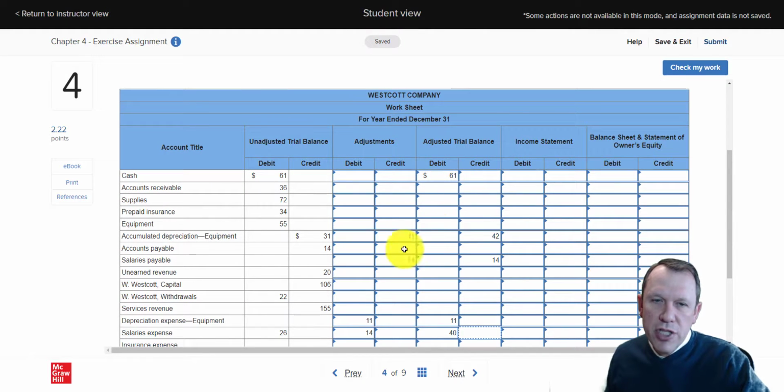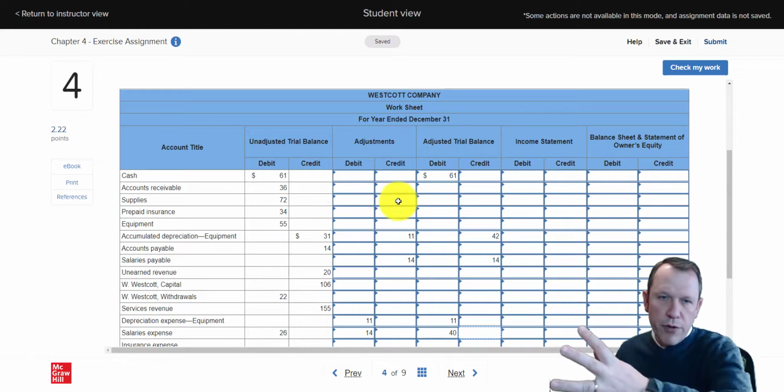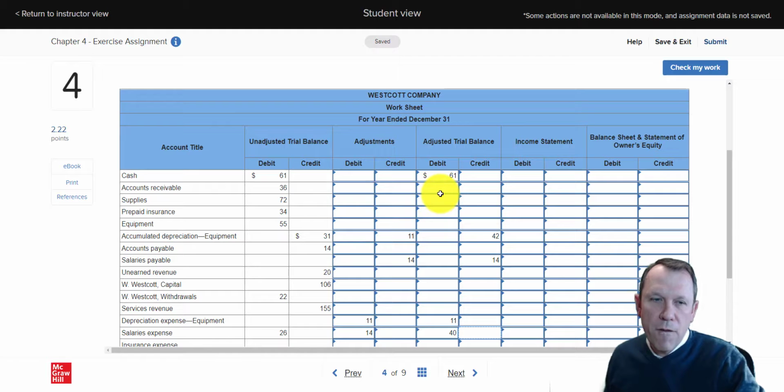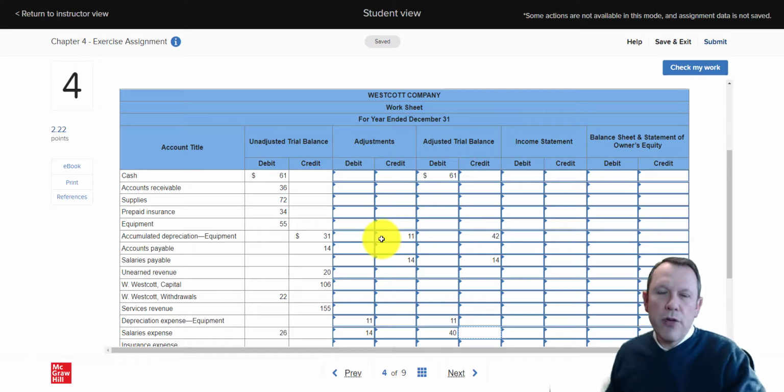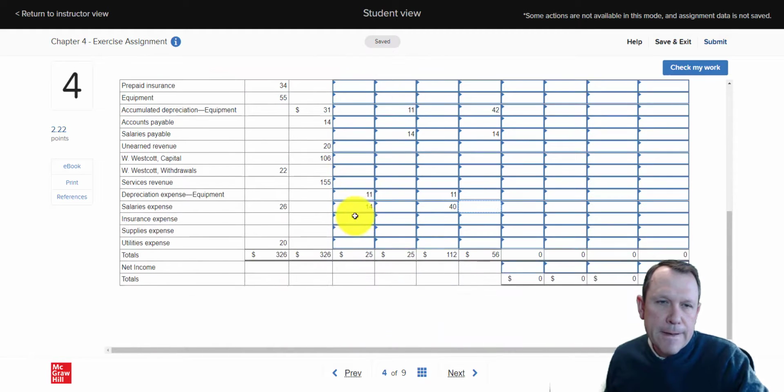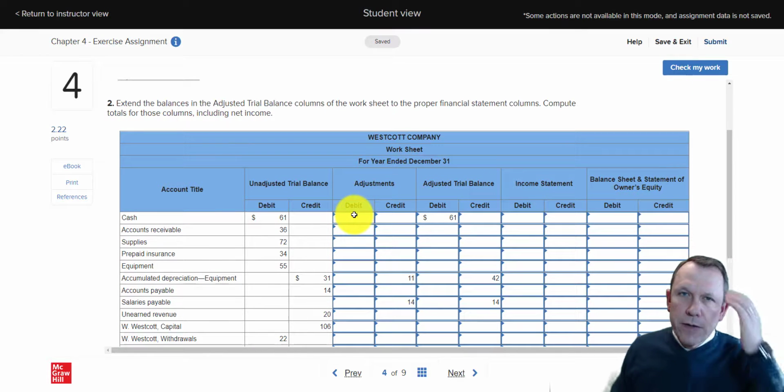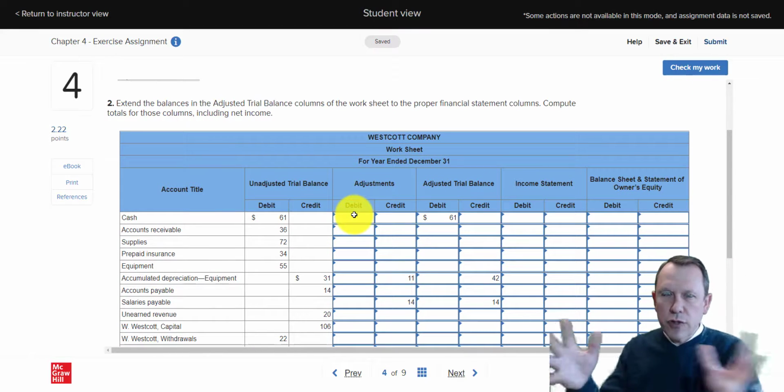If they don't have an adjustment in the middle here, they're just going to slide right through, and they're going to be what they were in the unadjusted trial balance. If they have an adjustment, they're going to, of course, adjust, and that new balance will be adjusted for what the adjustment is. Okay, so if we have a credit and a credit, those will add together.